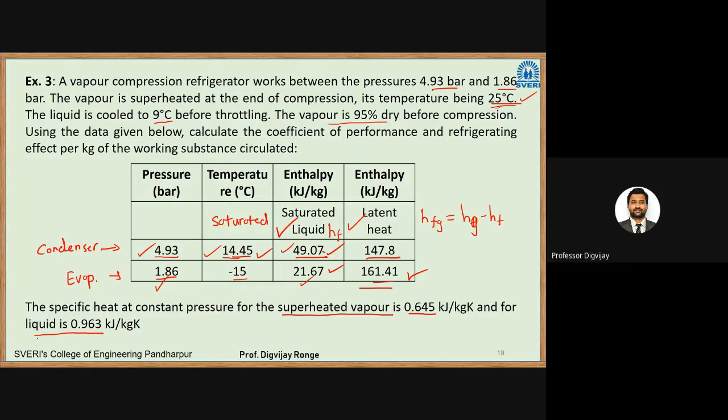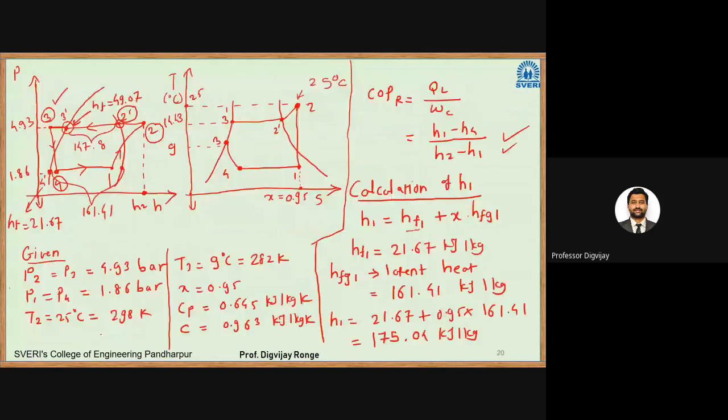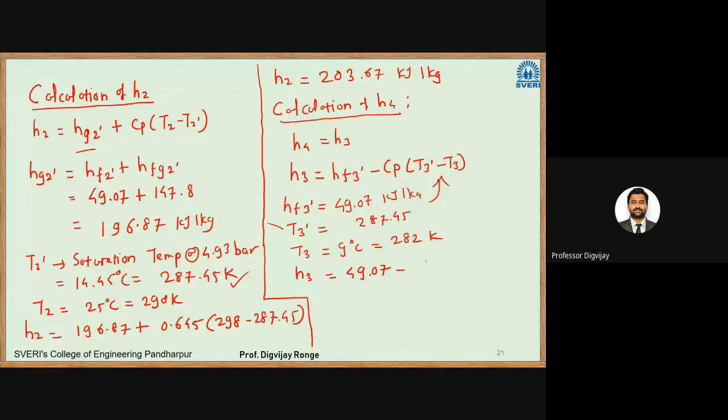So here the Cp value for liquid is given as 0.963. Okay, so minus 0.963 into delta T, which will be 287.45 minus 282. Okay, so please calculate this.